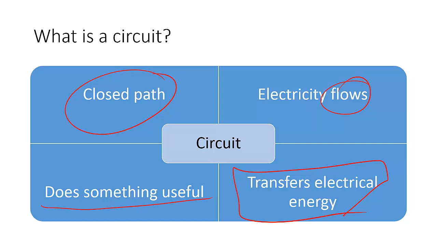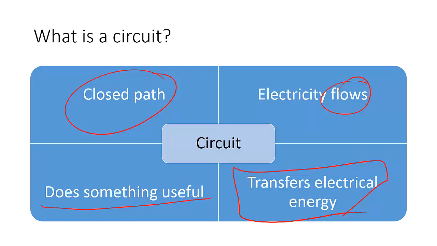So you've already had some experience with electric circuits, even if you've never built one before. You flick the light switch, for example, which transfers electrical energy from the power station into your lights. And what's being useful there is that now you can see. You can see in your darkened room because you've transferred that electrical energy from one place to another, and the something useful is the fact you can see.